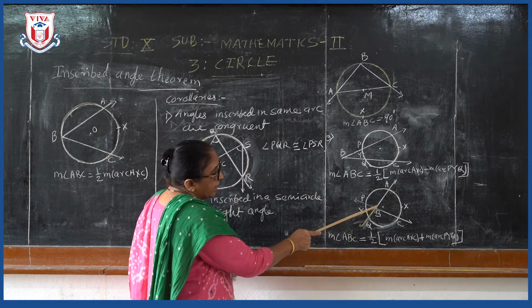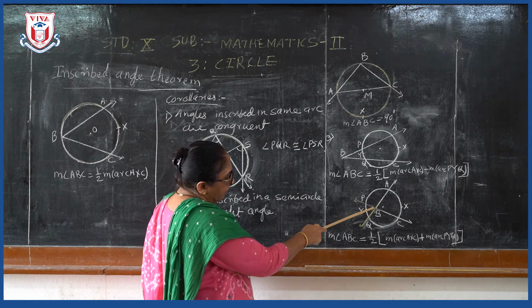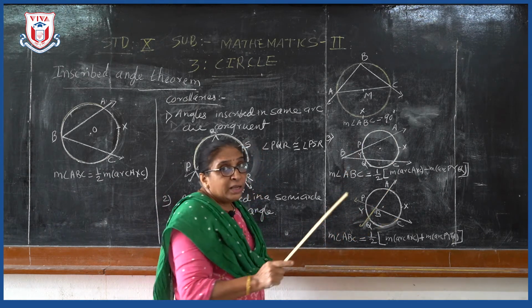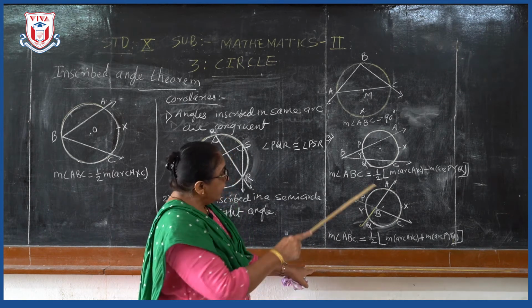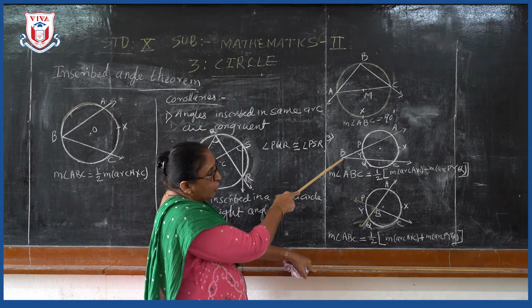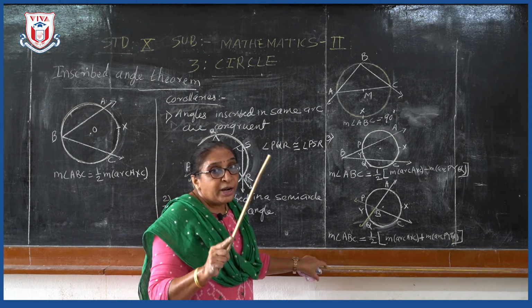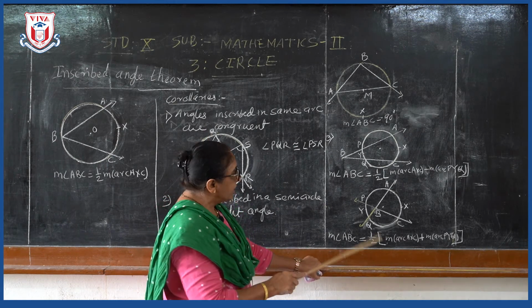In the same way, if vertex B is lying inside the circle, then this angle ABC is not inscribed. Even in the previous figure, ABC is not an inscribed angle. For an inscribed angle, the vertex lies on the circle.